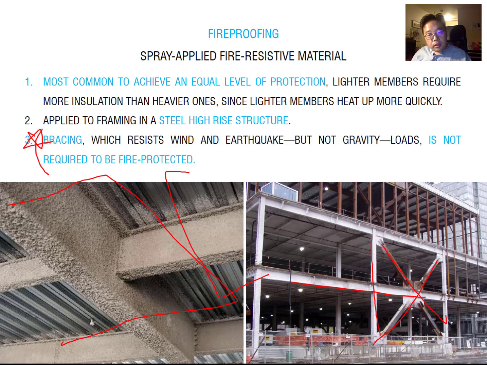The structure for the lateral forces, like X frame, X bracing, doesn't require fire protection. Okay, so just remember the structural members for the lateral forces are not required to have fire protection. Okay, so this is important to remember.